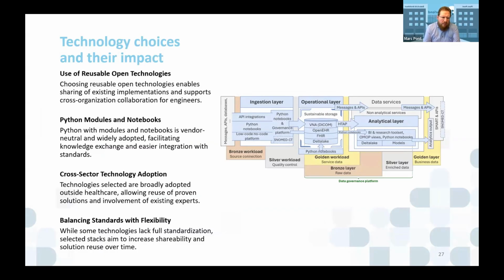And we try to balance standards with flexibility because although it's very important that we start adopting the standards, there's also the actual operational side of what we're doing. So we don't always have the time to adopt the standard to model it within the time frame of projects.